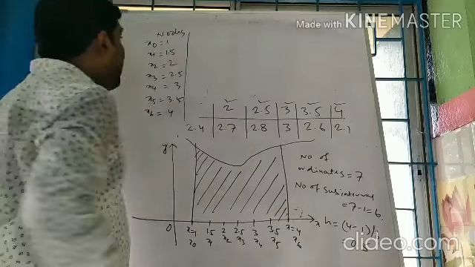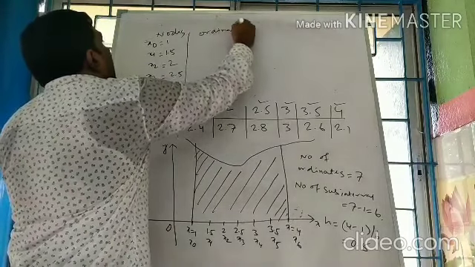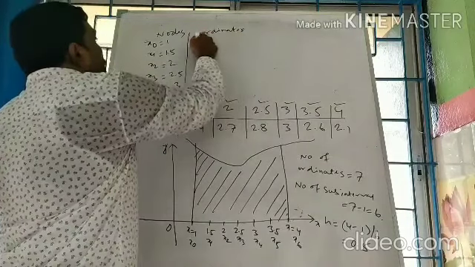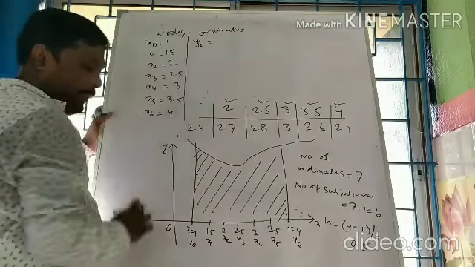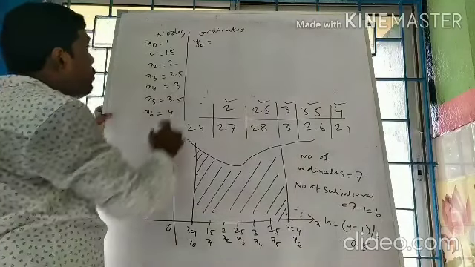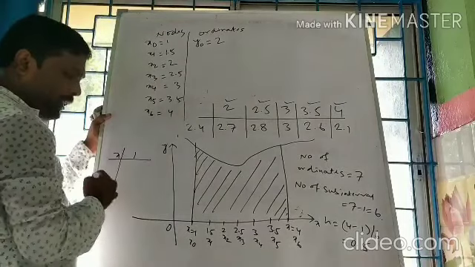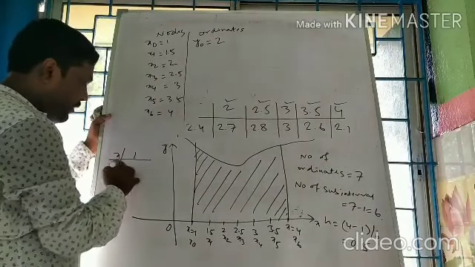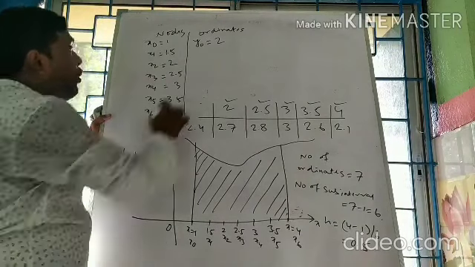And the ordinates are y0. At the point 1, the value of y is 2. So if x0 is 1, then y0 is 2.